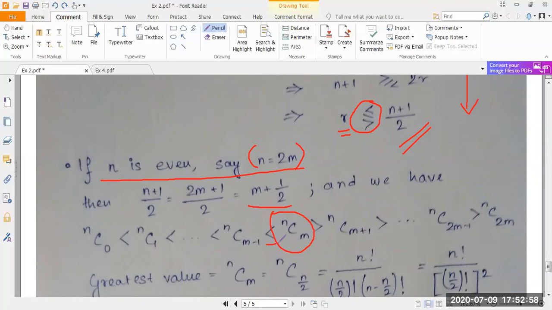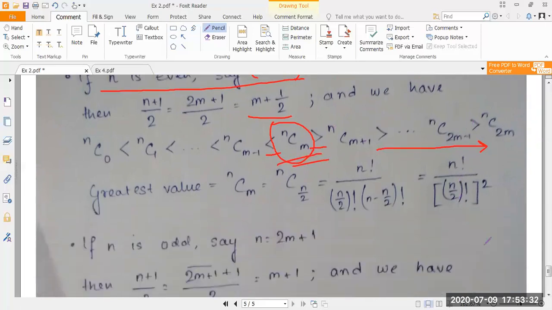As you see, the direction of the less than, greater than signs on this side is different, because it has crossed the threshold value of m plus half. Then the direction continues to be the same till the end. So we have NC0 less than NC1, less than NCm minus 1, less than NCm, greater than NCm plus 1, greater than NCm plus 2, up till NC2m. So in this case, NCm is the largest value.